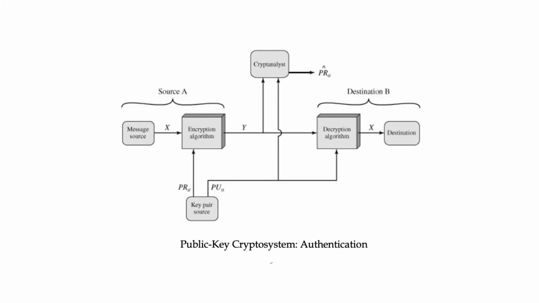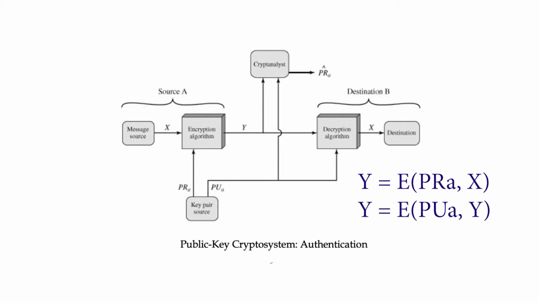Whereas the scheme illustrated in the second figure provides confidentiality, figure 3 shows the use of public key encryption to provide authentication: Y equals E of PRa, X. In this case, A prepares a message to B and encrypts it using A's private key before transmitting it. B can decrypt the message using A's public key. Because the message was encrypted using A's private key, only A could have prepared the message.